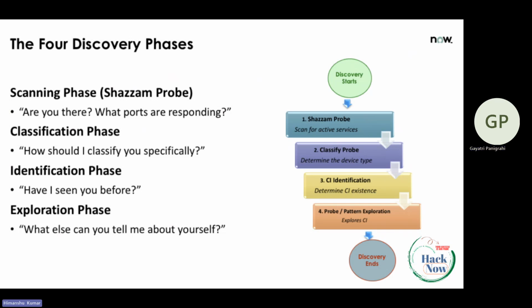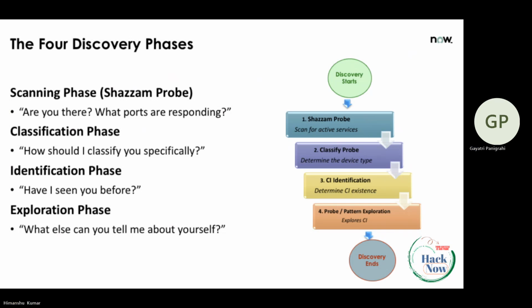That finding works based on the host name. In the classification phase, we got the host name in the discovery process. When the host name moves to the identification phase, it scans the ServiceNow CMDB, in the CI table, to check whether that host name is already available or not.